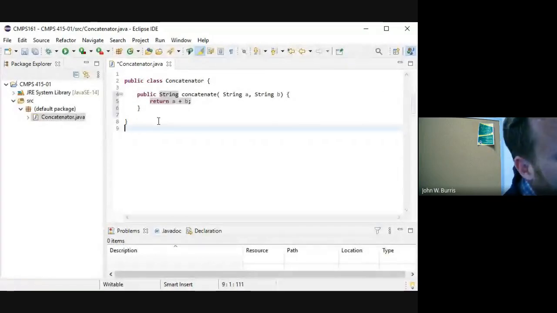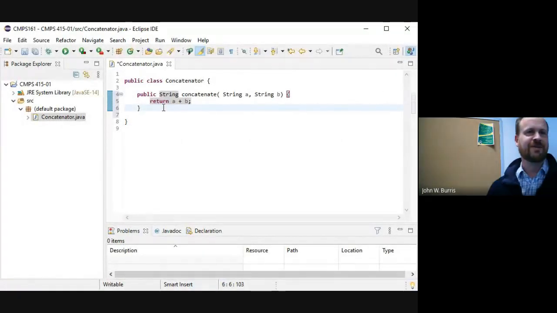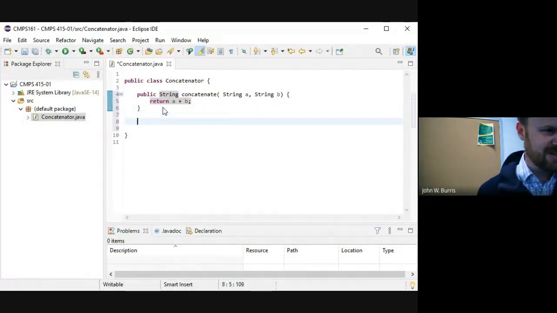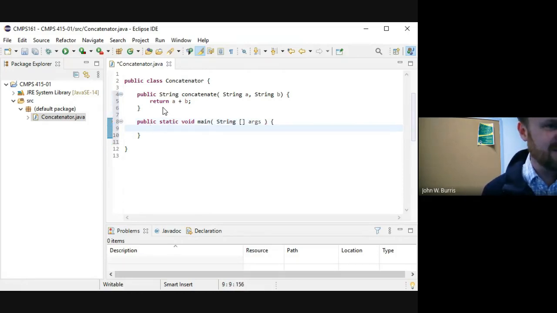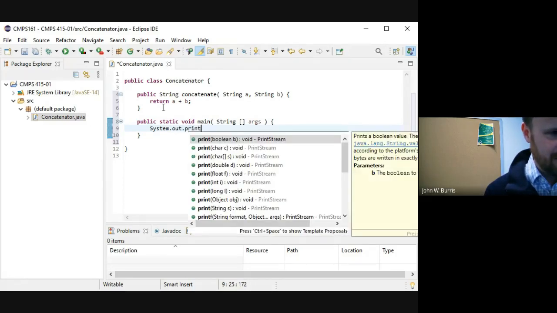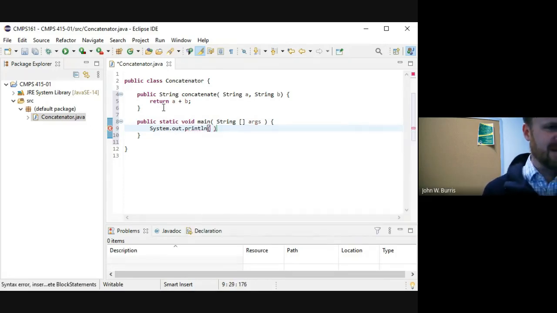All right, so I'll tell you the way that I do it if I don't know about unit testing. What I do is this. public static void main(String[] args), right? Does this look familiar? And then you do System.out.println, and then something like this.